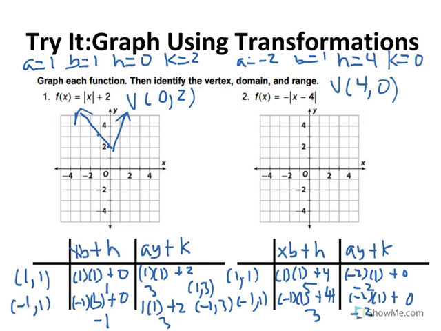So our vertex is at 4, 0, and 5, negative 2 is here, and 3, negative 2 is here. So we have a graph. The reason it's going down is that this is a negative, so we have a reflection across the x-axis.